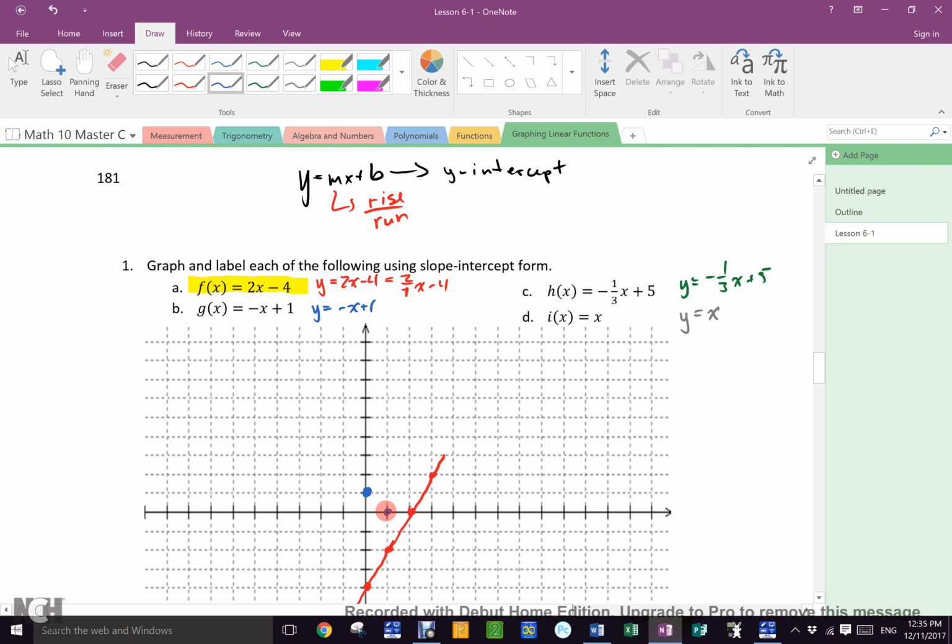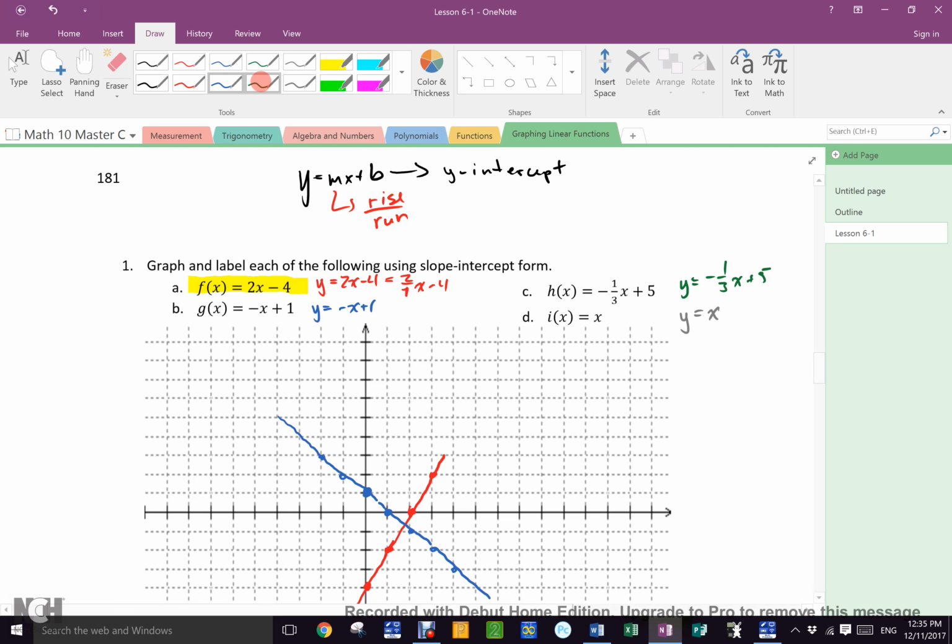Right, because it's got to be negative, correct? So if I go down 1, right 1, down 1, right 1. What happens if I go the other way? Up 1, left 1, up 1, left 1. Everybody cool? What can I do with all those blue dots now? Connect them. Why? Because it's continuous data. Yeah?